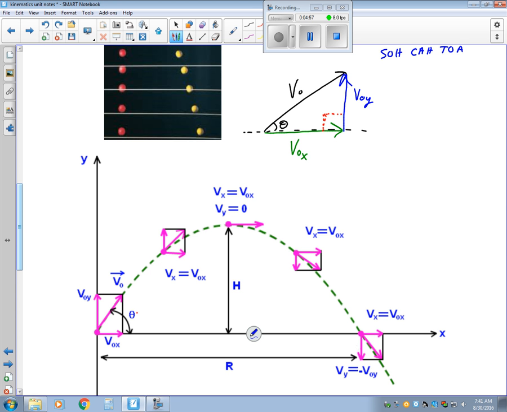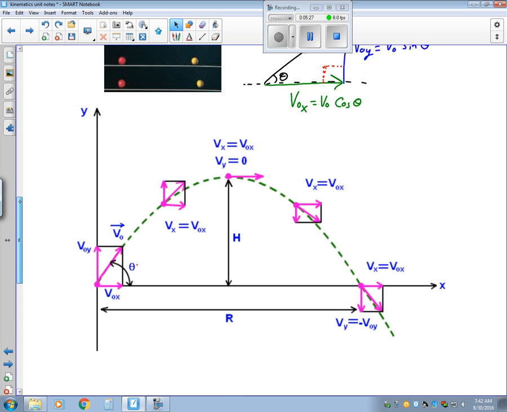So this v naught y would equal v naught times the sine of our angle. Cosine is adjacent over hypotenuse, so this v naught x would equal v naught times cosine of theta. And if you go back and look at your summer assignment, I have notes on trigonometry in your summer assignment, so you can go back through there and review that if you need to.